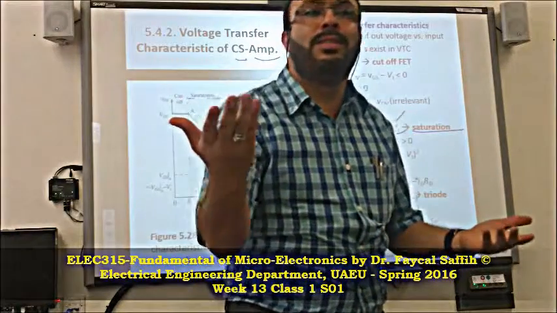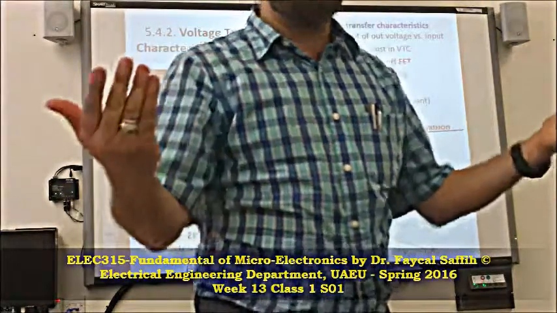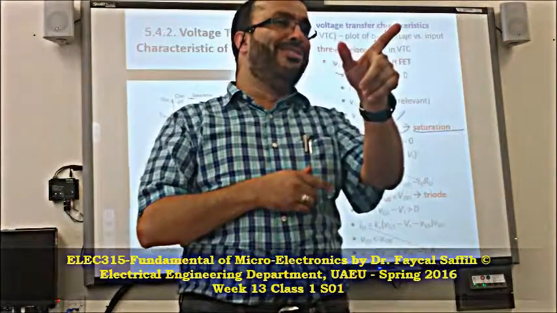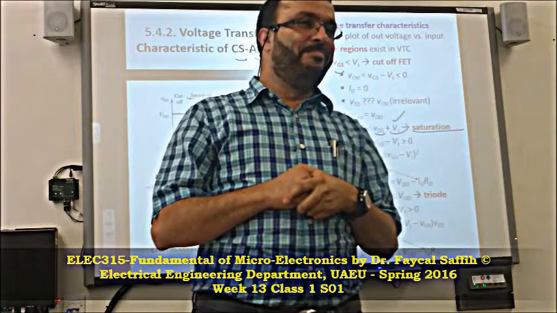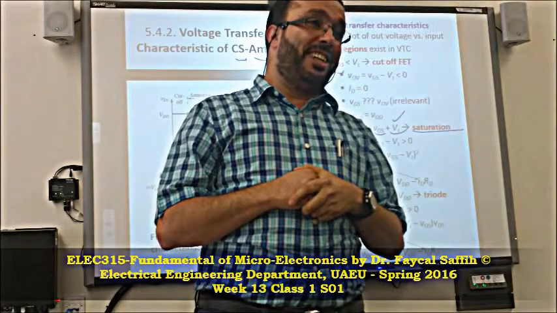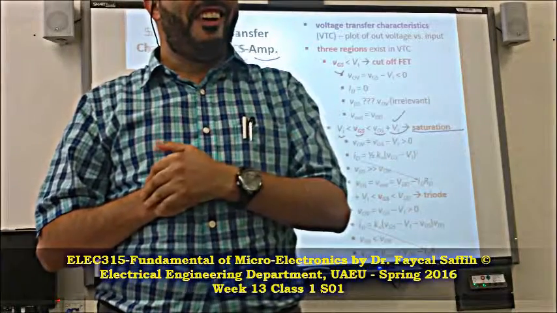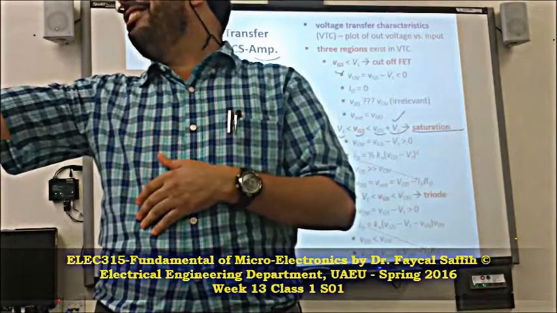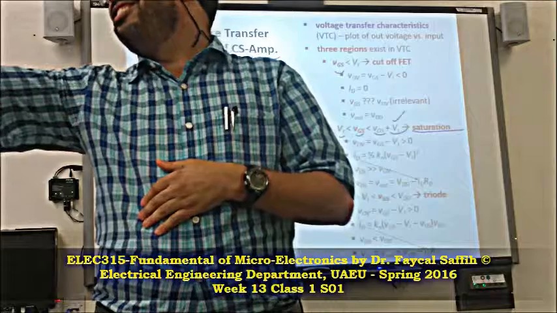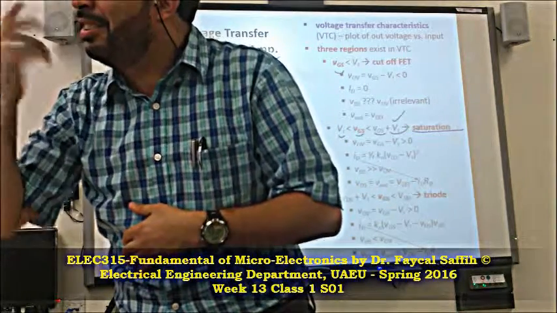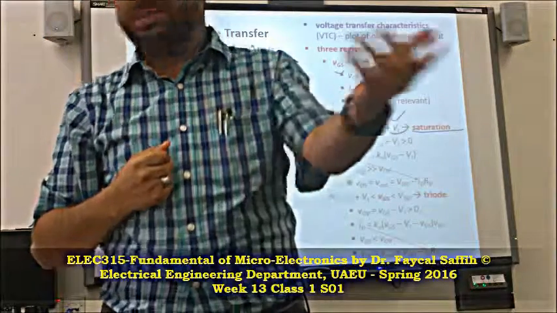What is the condition? Mahmoud, any clue? I think VGS less than the overdrive. You're still insisting on VGS. VDS? Is it equal to the overdrive? No, it's more. VDS is bigger than the overdrive.